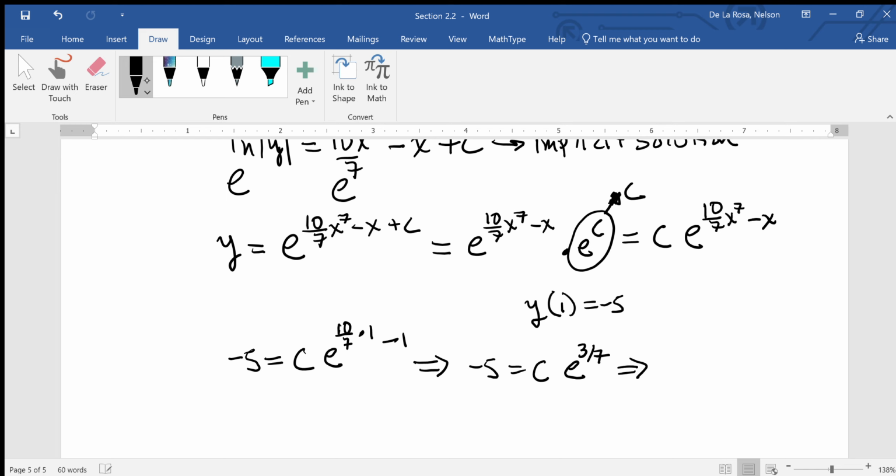So from here we conclude that c is negative 5 e to negative 3 over 7, right? We isolate c. So our equation is going to be y equals c. So what is c? Negative 5 e to negative 3 over 7 times e to 10 over 7 x to 7 minus x.